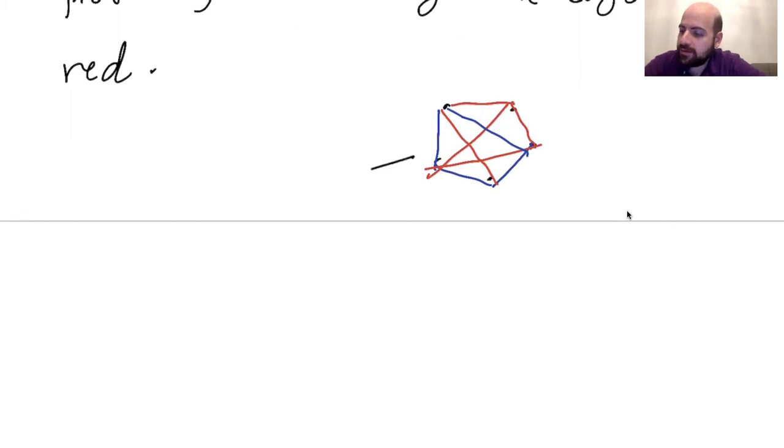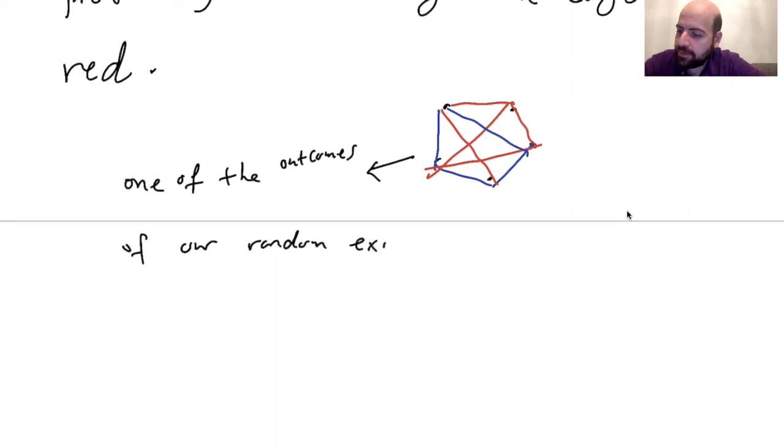So this is one of the outcomes of our experiment, random experiment. So how many outcomes do we have in total?